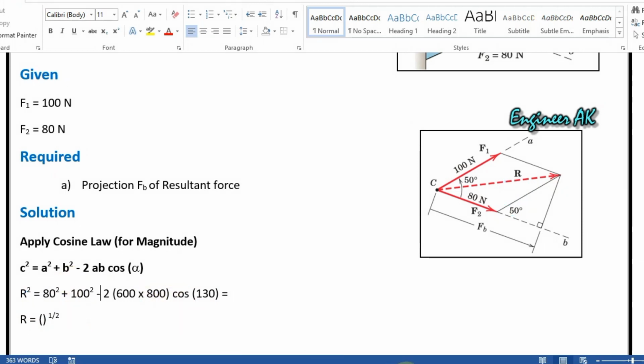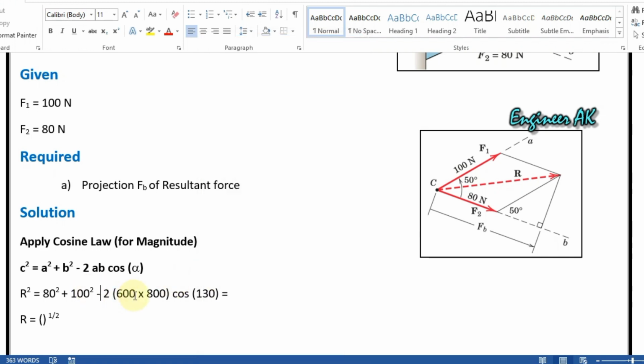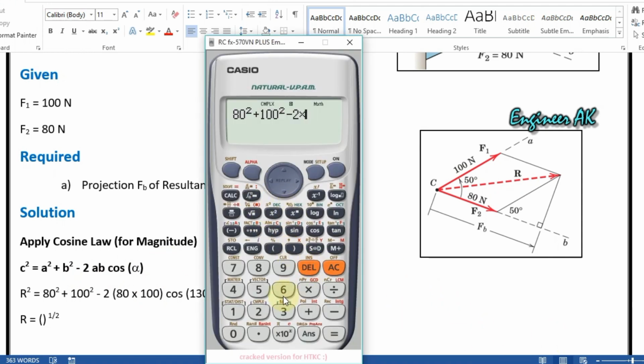Now if I plug these values into the calculator: 80 square plus 100 square minus 2 multiplied by 80, sorry, not 600, it's 80, and it's 100, multiplied by cos of 130.